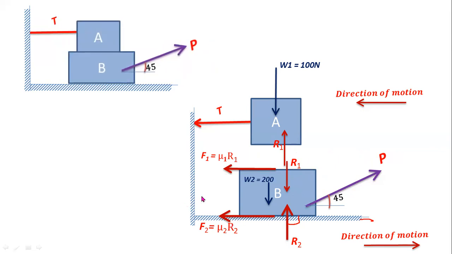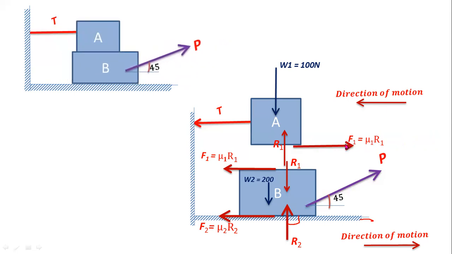In a similar way, you have to consider this block. The direction of motion of this block is left side. Due to friction between the block A and B, this block moves backward. So the direction of motion of the block A is left side direction, so you have to consider friction force at this surface in right side direction.